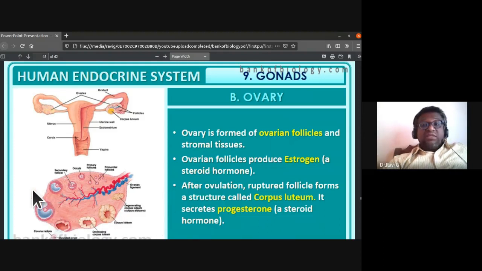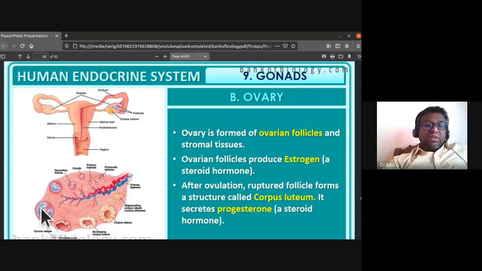The ovarian follicles produce estrogen, which is a steroidal hormone. After ovulation, that is, the release of ovum from the Graafian follicle, the ruptured follicle which has released the ovum functions as the corpus luteum. It secretes progesterone, a steroidal hormone.